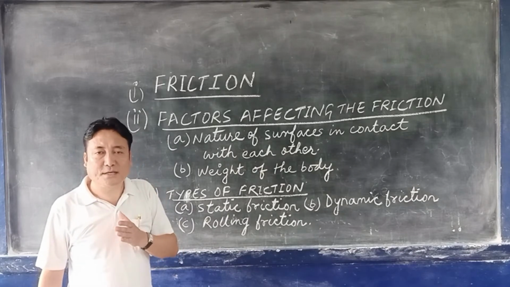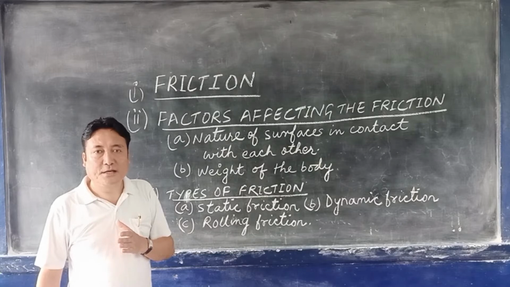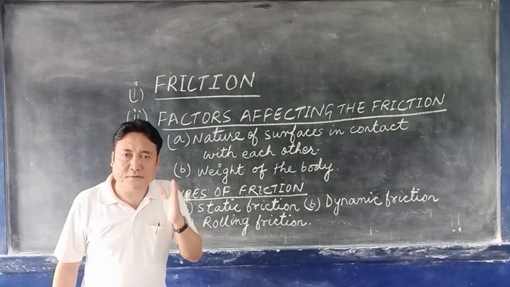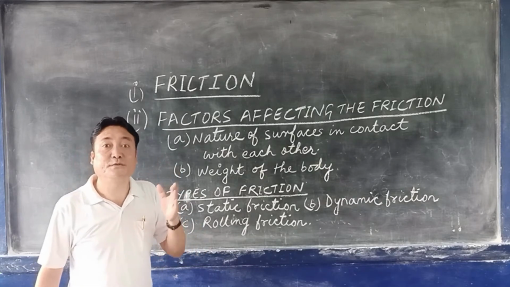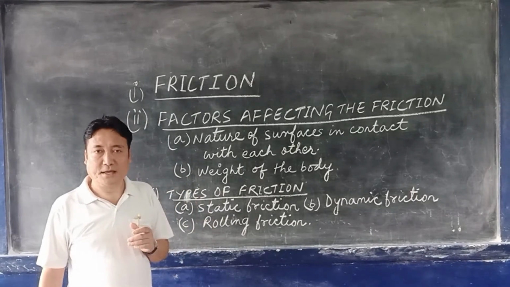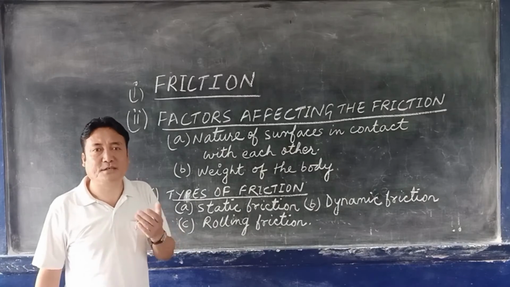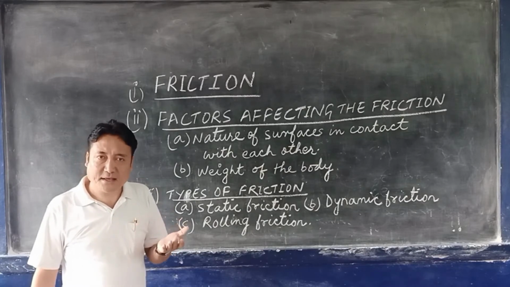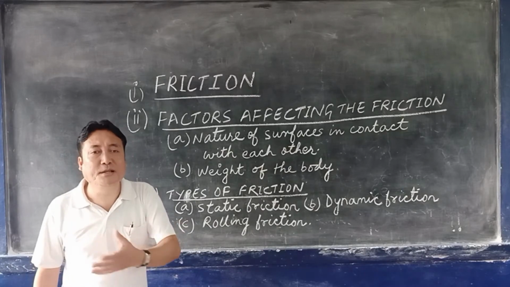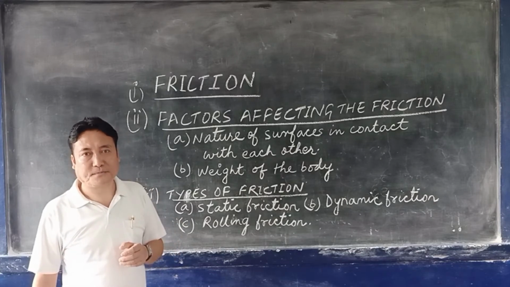When we consider two rough or irregular surfaces, the friction will be more, and on a smooth surface the friction will be less. The friction gets reduced on a smooth surface, like when you spill water on the floor.